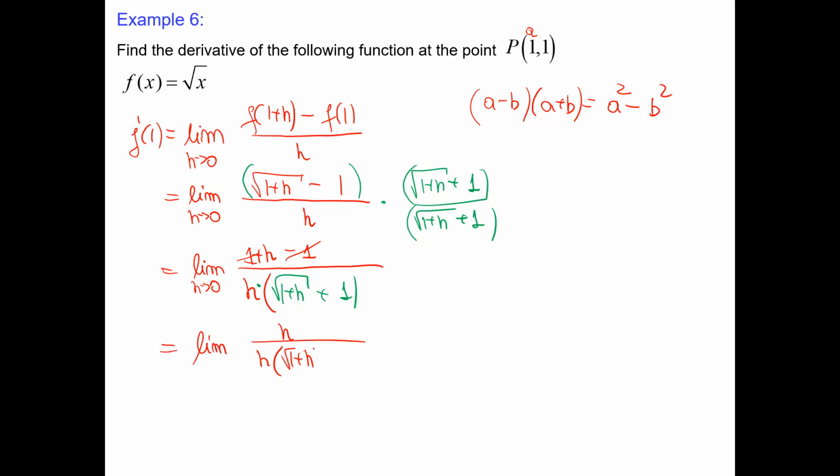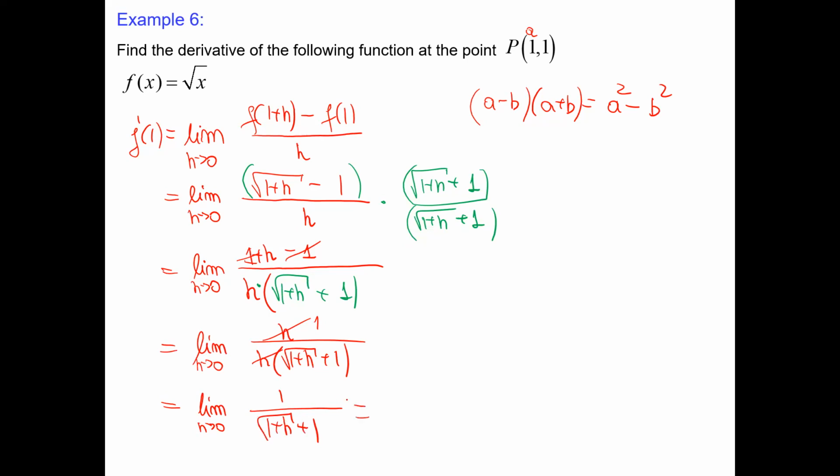We may cancel out h, as h goes to 0, and we end up with 1 over the square root of 1 plus h, plus 1.